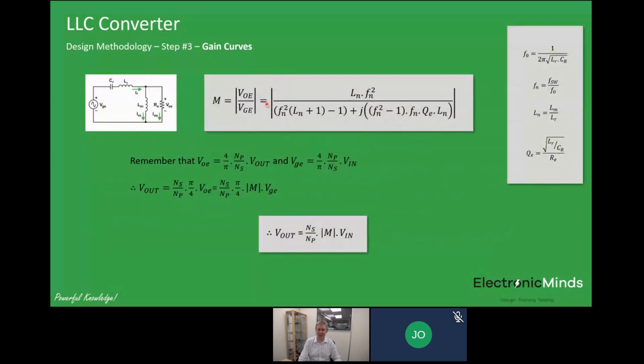For the die-hard math fans here, I've put in this equation. Again, this is a representation of that complex potential divider circuit here. The app note I mentioned goes into far more detail on that.